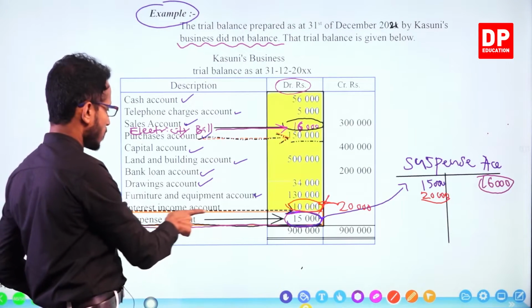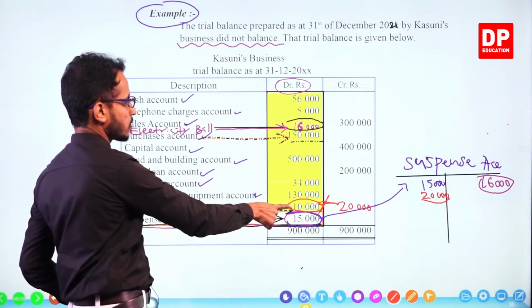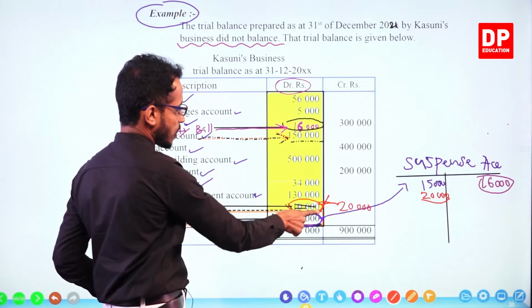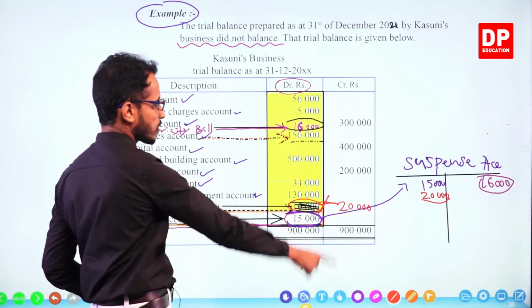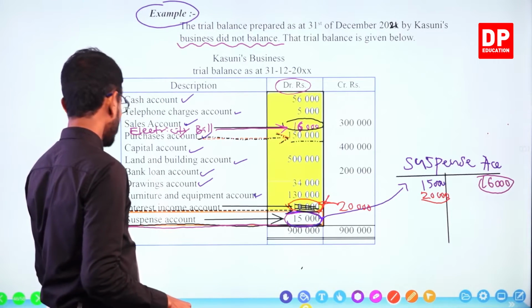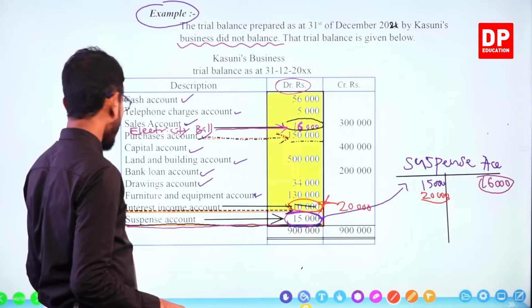See, interest income account, it is in the debit side now. We can't cut it off, right? These are errors in the trial balance.